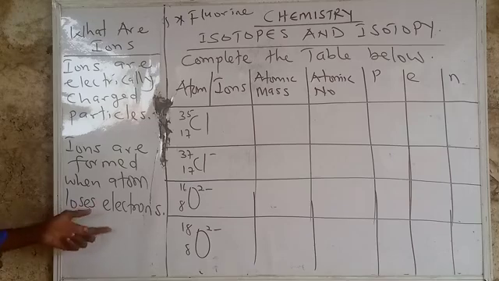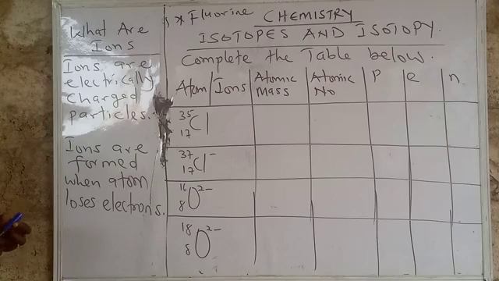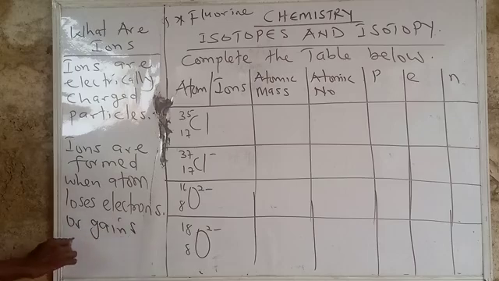So the number of electron loss will determine the electric charge that the atom will carry when it forms ions. So ions are formed when an atom loses electrons or gains electrons.